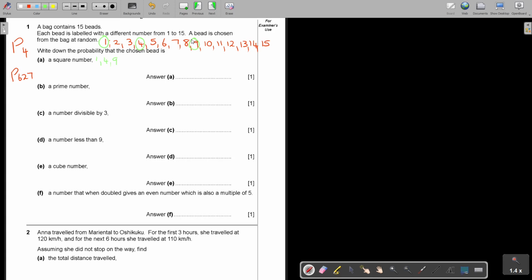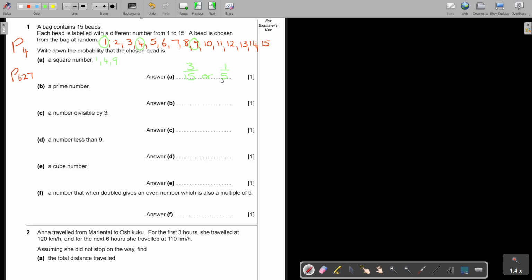So the probability for a square number is 3 over 15. In probability, they will accept it if you don't simplify it, but if somebody simplifies it to 1 over 5, then he will also be correct.